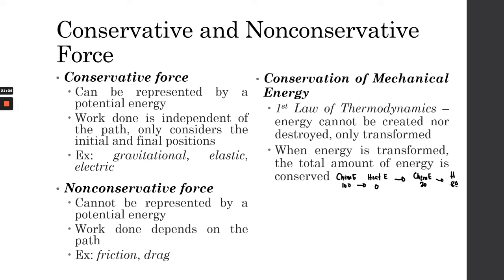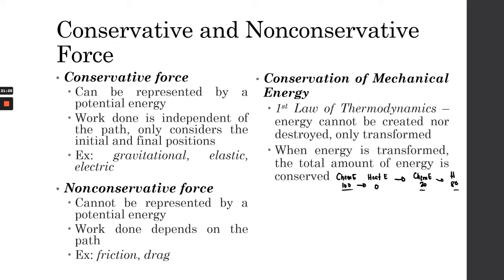But the total energy of the system at the end of the reaction, let's say this is your end of the reaction, and this is your beginning of the reaction. As you can see, the total energy is still the same, no? They are still equal because we cannot create nor destroy energy. It is conserved.